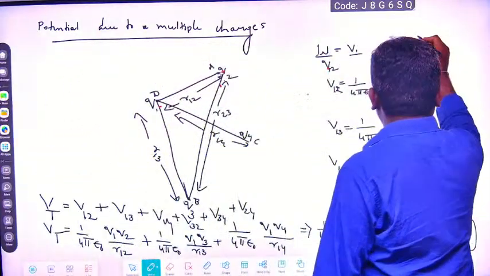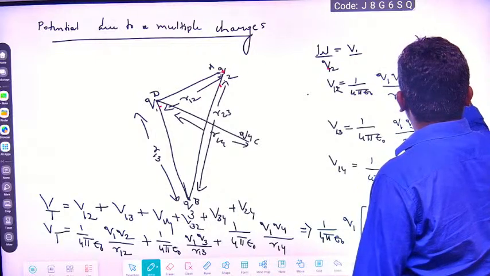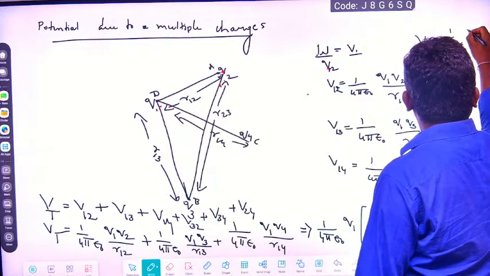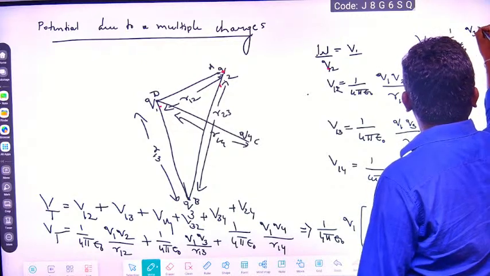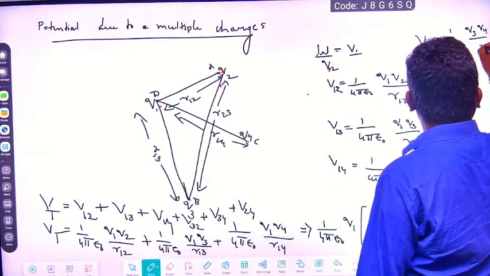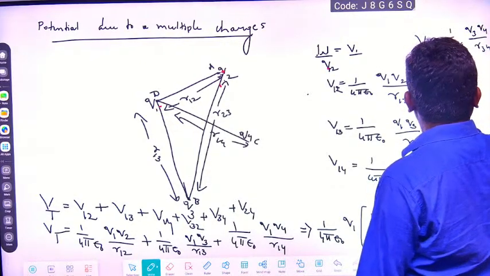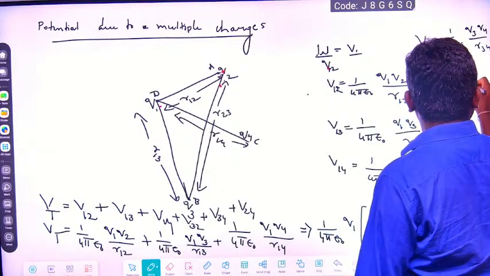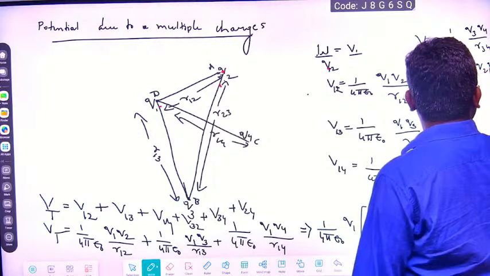I will write here. V34, which is 1 by 4 pi epsilon naught Q3 Q4 by R34, then V23 which is 1 by 4 pi epsilon naught Q2 Q3 by R23.